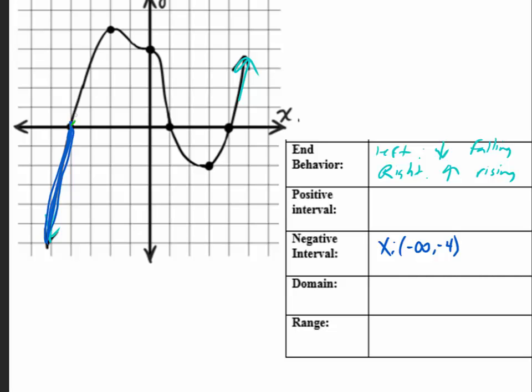And then after that, I'm above the water to right here. So from -4 all the way to 1, I'm positive. Then after that, I go back underwater from 1 all the way until 4.